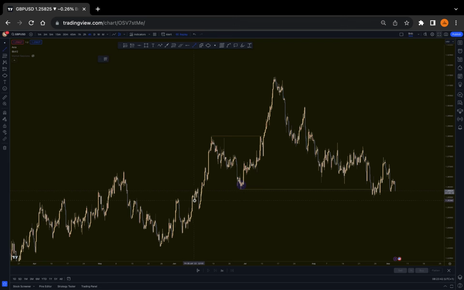You could say that, but isn't this actually a break of structure here? But let's not talk about that, because what I'm going to show you is how I entered the trade and not a general overview. So let's get down to why I took this trade.